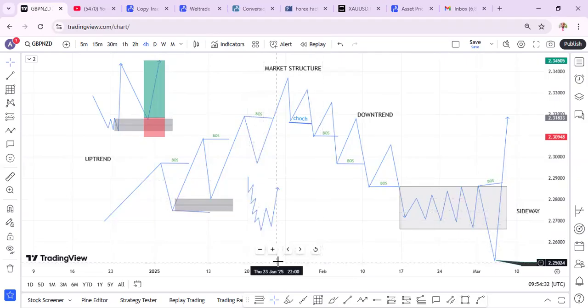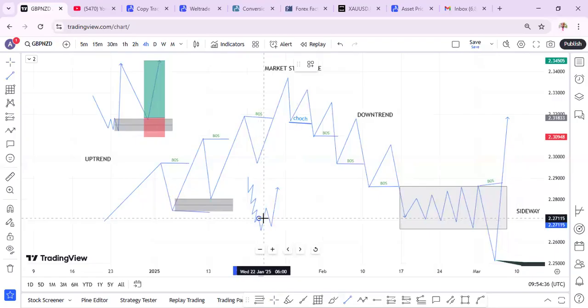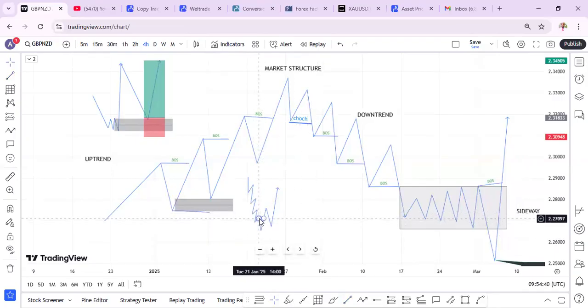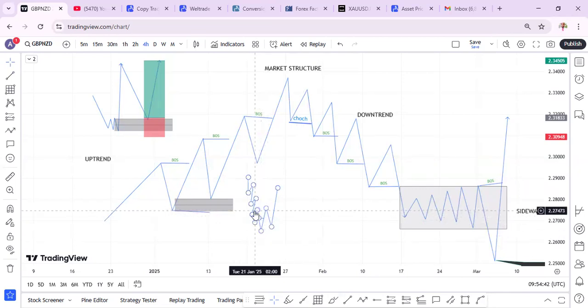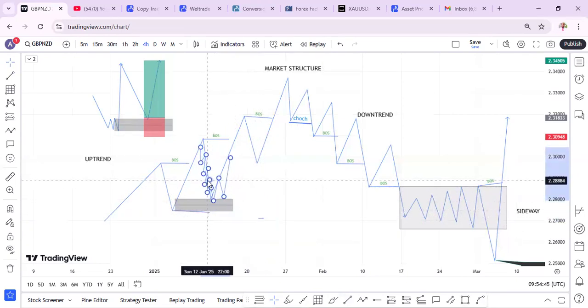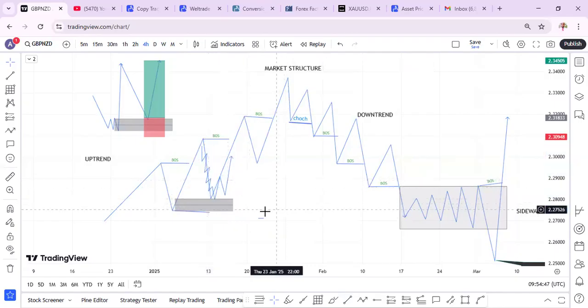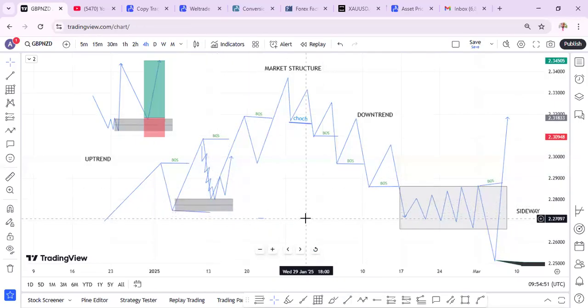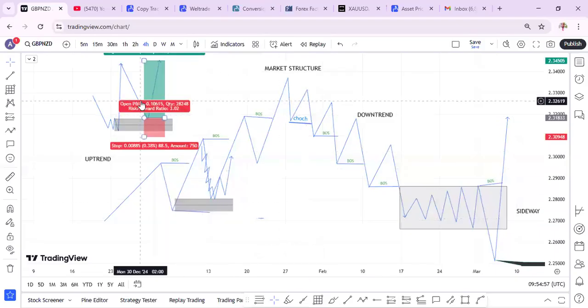You now wait for price to give you a change of character on 15 minutes. This is what we call a confirmation entry. There's an aggressive entry and there's a confirmation entry. This one is the aggressive entry.